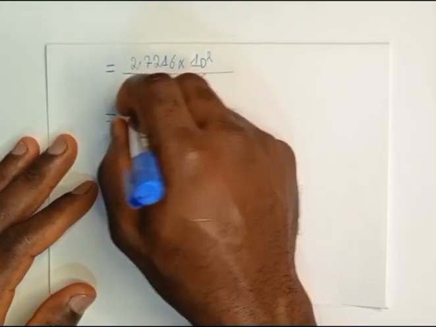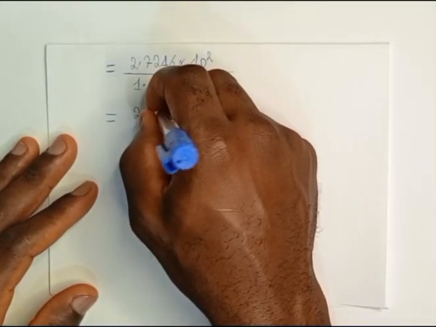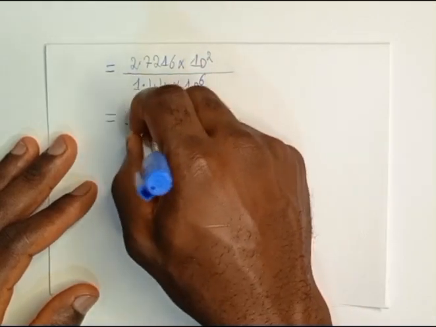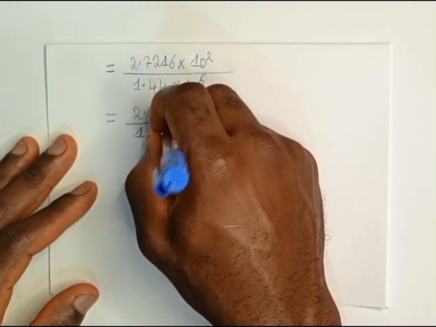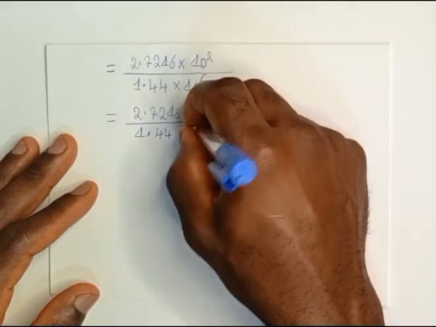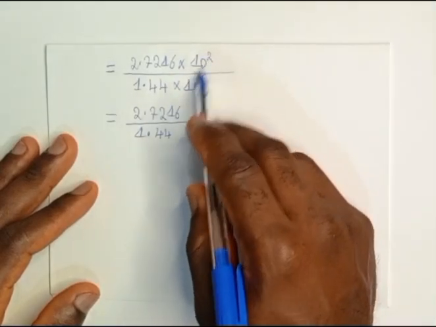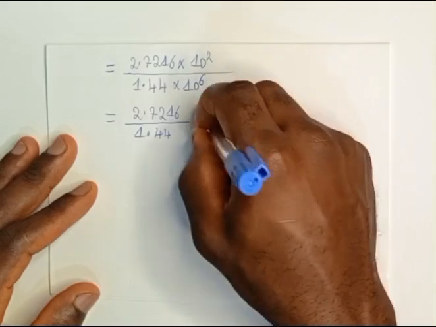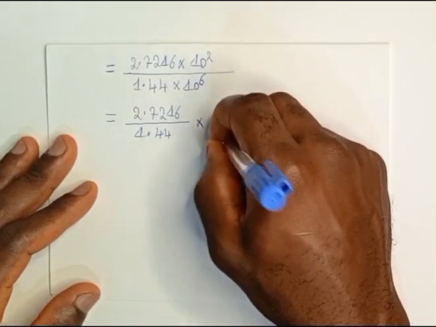This will be equal to, we are going to divide 2.7216 by 1.44 times, we are going to divide 10 to the power 2 by 10 to the power 6. This is what it means.